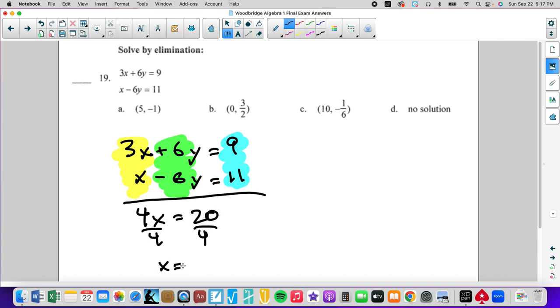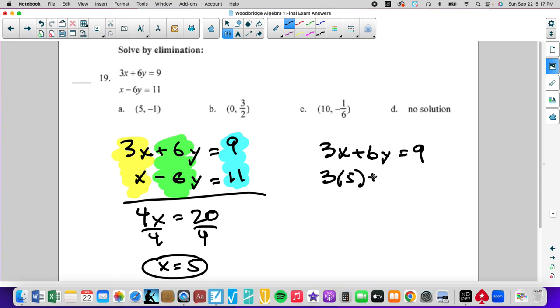I know my x value is 5 in my coordinate, and then I can use either of the equations. I'll use 3x plus 6y equals 9. I'm going to substitute 5 for x to find out what my y value is.